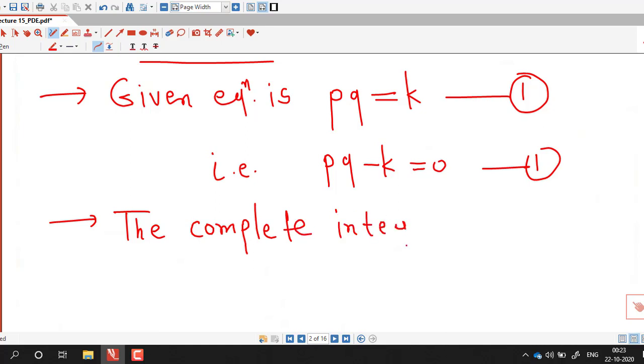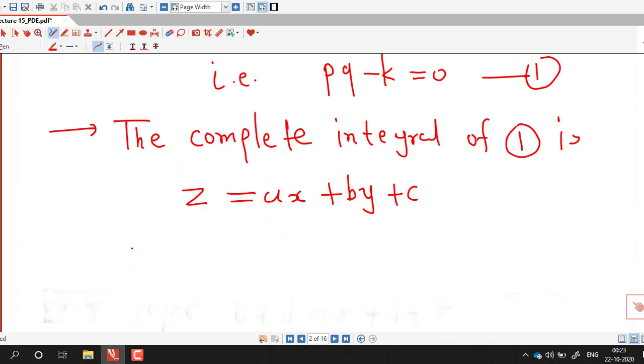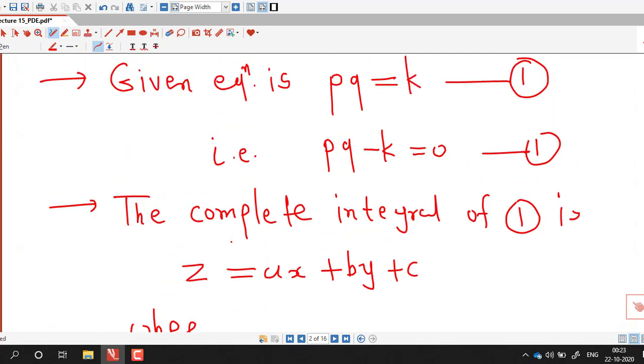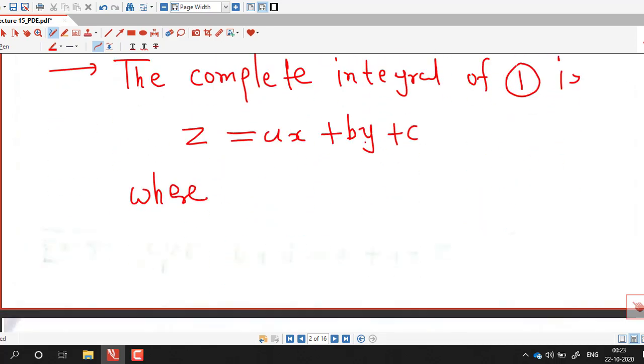Because it is in standard form 1, we can directly write its complete integral. The complete integral of the given equation 1 is z = a x + b y + c, where we can find the relationship between a and b by taking p equal to a and q equal to b in equation 1. If I put p equal to a and q equal to b, I obtain ab = k, and from this I can write either b in terms of a or a in terms of b.